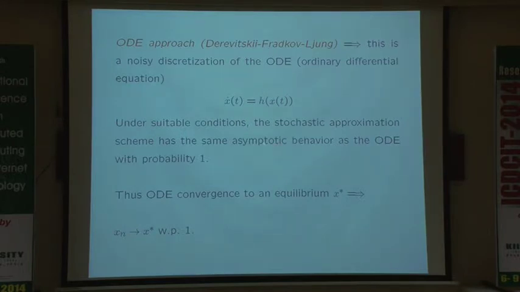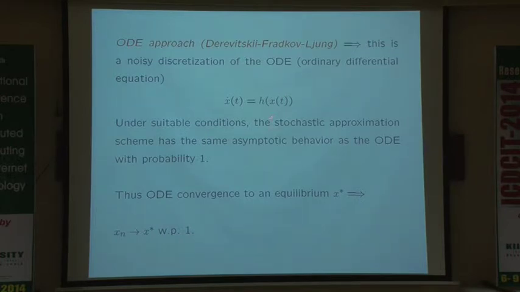And what one can show is that under suitable technical conditions, the algorithm with probability 1 will have the same asymptotic behavior as the differential equation. So if the differential equation has a unique asymptotically stable equilibrium x*, then the algorithm converges there.